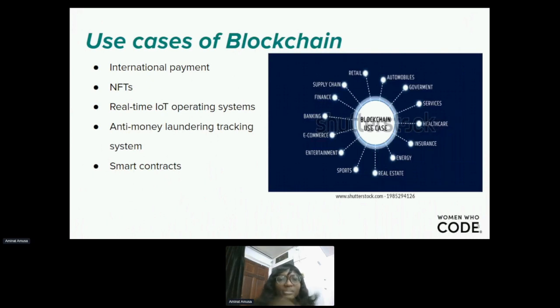So NFTs are simply digital items. They can be music, they can be pictures, they can be gifs, they can be videos, and they are sold on the blockchain, meaning the data, this music, these arts, these videos, they live on the blockchain, they are stored on the blockchain. So they cannot be changed once they are on the blockchain, and anybody from anywhere in the world has access to it.